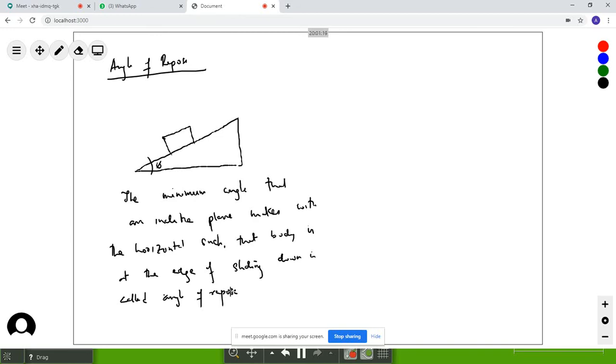So I think you can make your own definition, as you understand. Is it or not? So let us understand this.